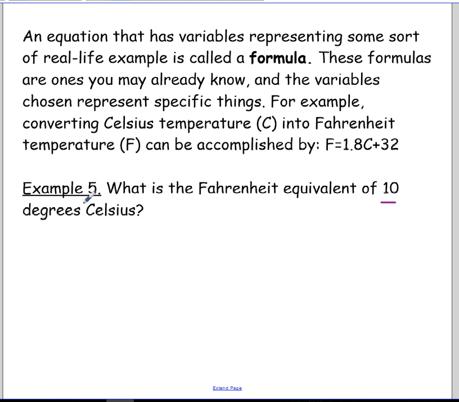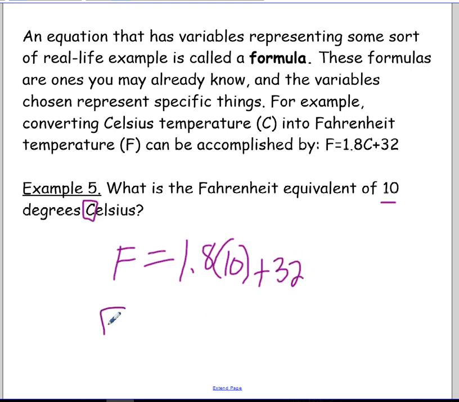So 10 is our Celsius, so that's going to go where the C equals. So F equals 1.8 times C, which again, we're told that that's 10 degrees. And then we're adding 32 to it.